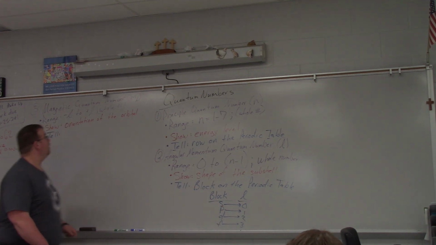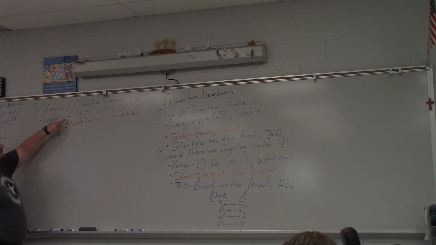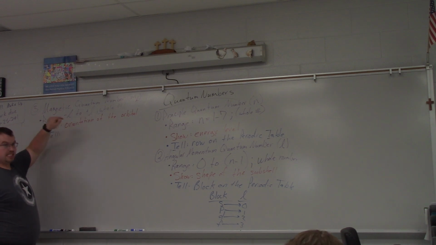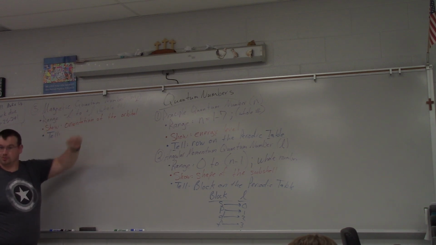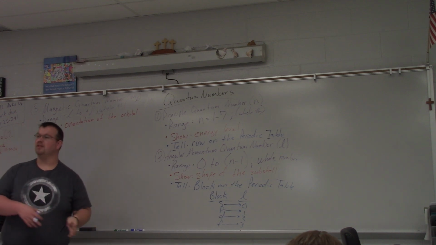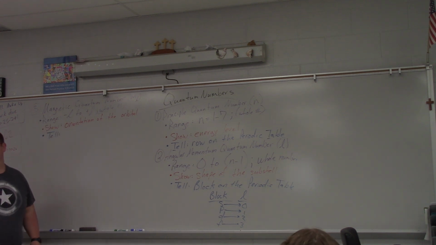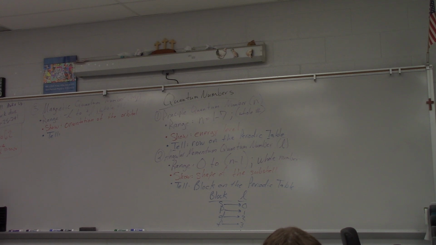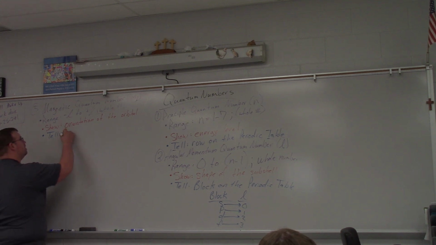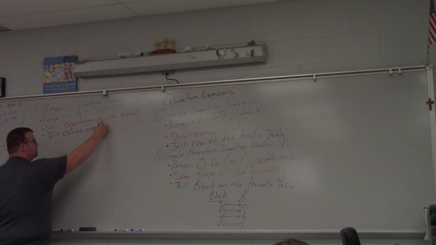Since L is 1, M sub L is from negative L to positive L, so that's negative 1, 0, 1. The first one's negative 1, second one's 0, last one's 1. What this would tell us is our column on the periodic table.